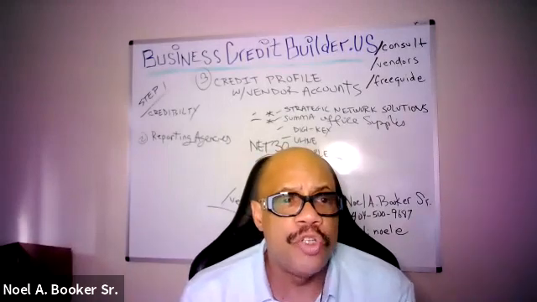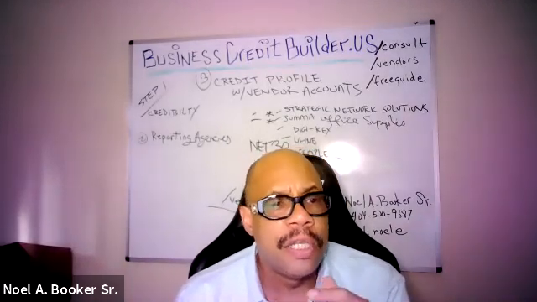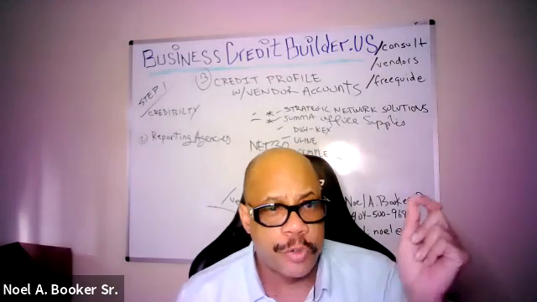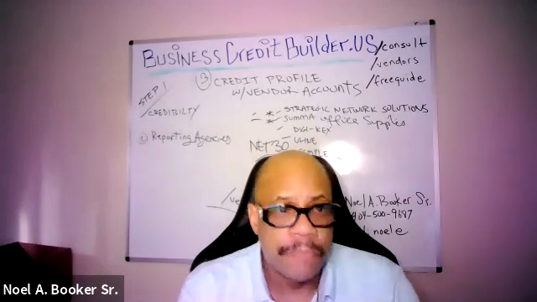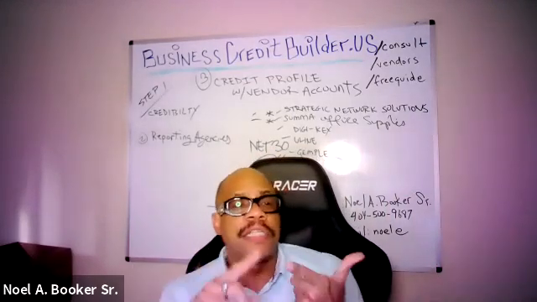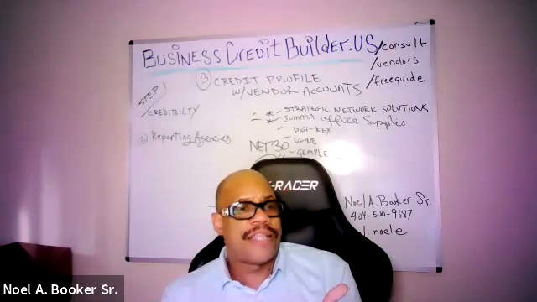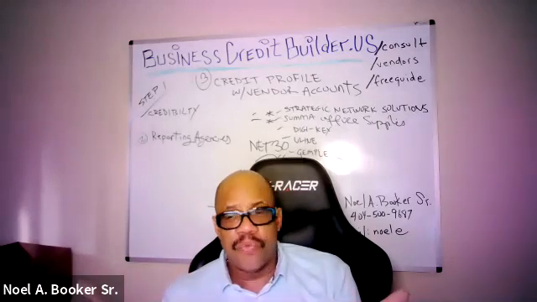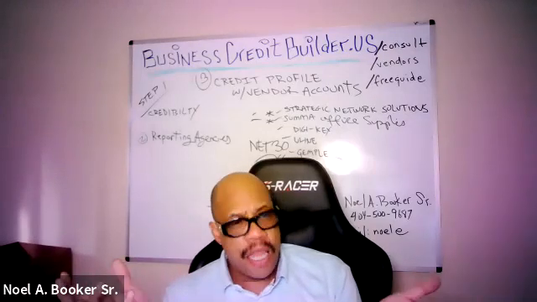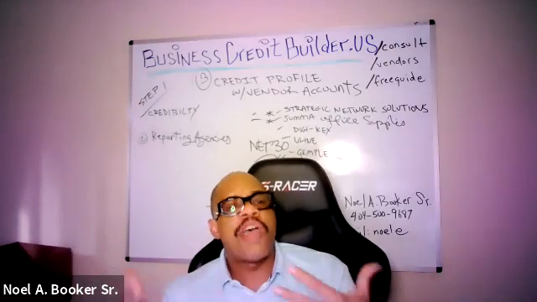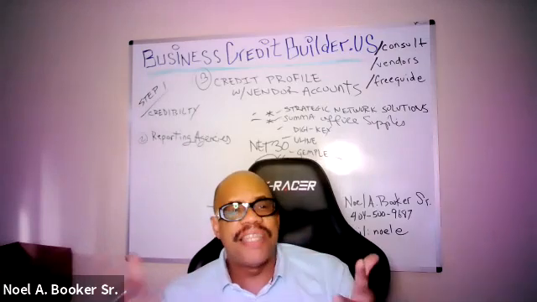If you missed that one, you can go to my YouTube channel and see the past webinars that I've done for the spring series. The credibility is basically how to set up your business right: name, phone number, address, etc. You need a website, all that type of stuff, EIN number. All that is making your business credible in the eyes of the lender.